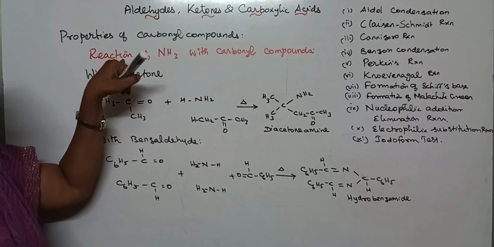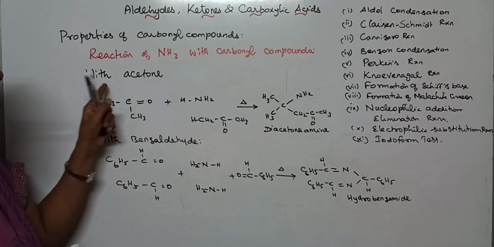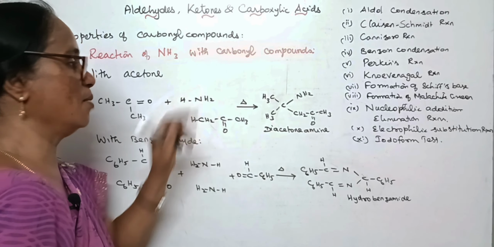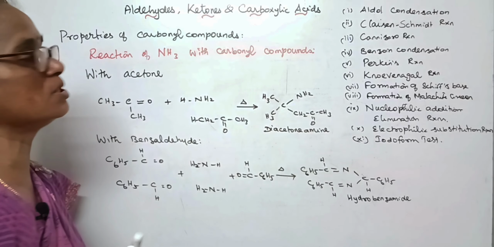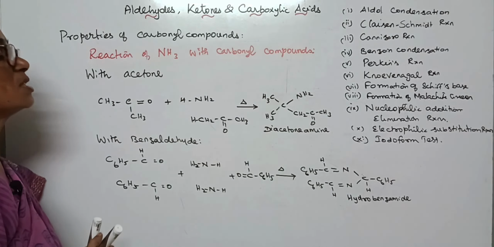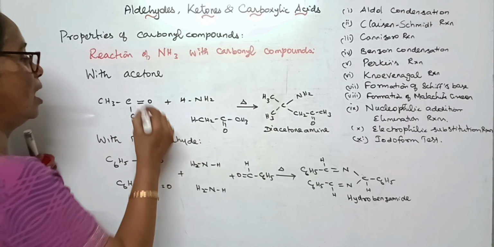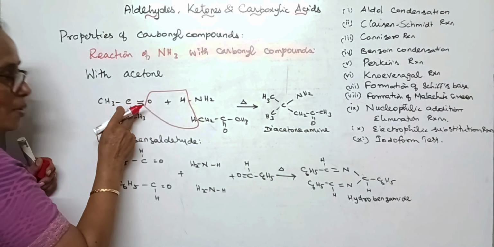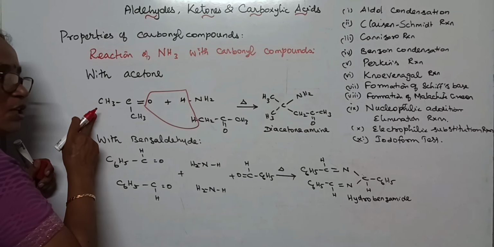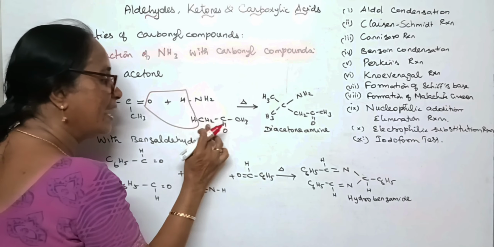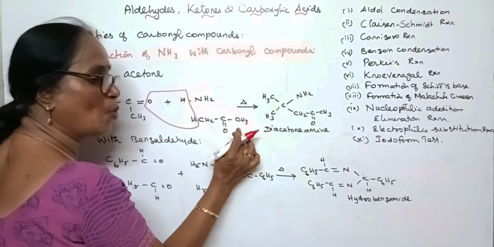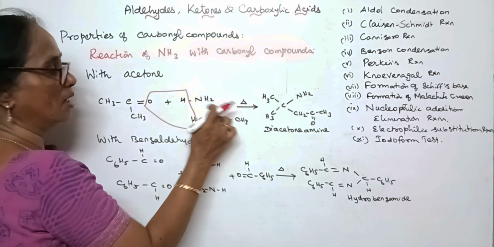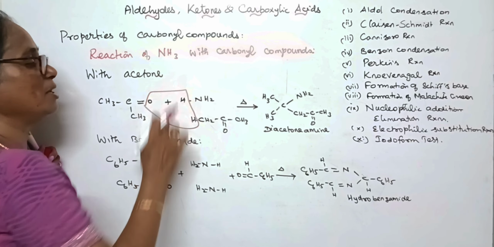The next reaction is of ammonia with acetone. Acetone is heated with ammonia, where 2 molecules of acetone undergo a condensation reaction with ammonia in this way. The oxygen atom of the carbonyl group of one acetone, with one hydrogen atom of the alkyl group of the other acetone and one hydrogen atom of ammonia, forms water.